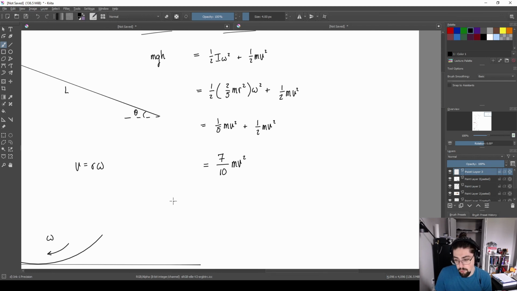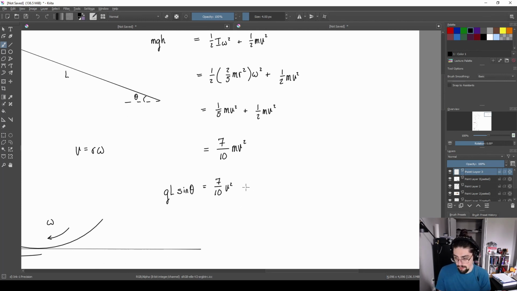So I would say, all right, well, this is going to become GL sine of theta is equal to 7/10 v squared. This is, of course, my final velocity down at the very bottom of this thing.